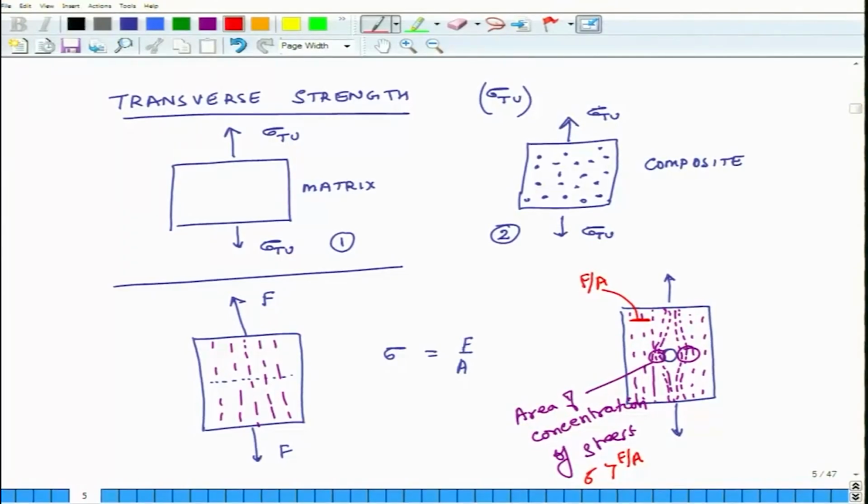So, what that means is that typically this particular situation will have higher peak stresses compared to a pure matrix material, and as a consequence this particular material which has just one single solid inclusion in itself will tend to fail at an earlier level. It will fail at an earlier level.